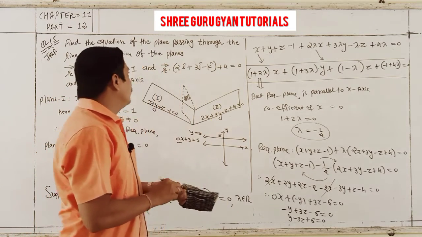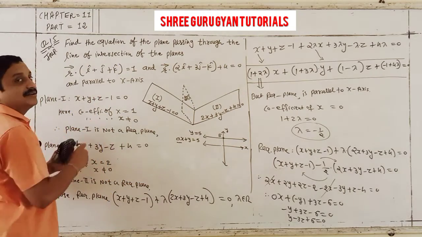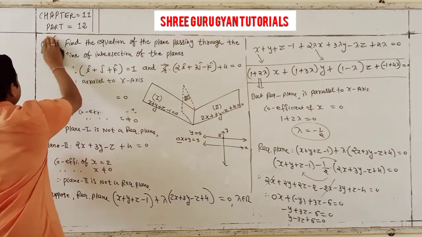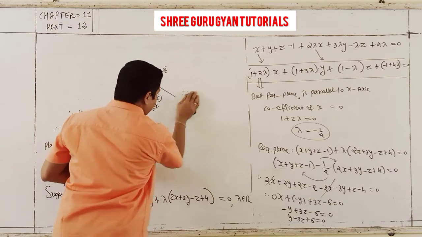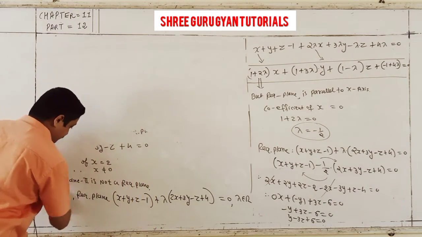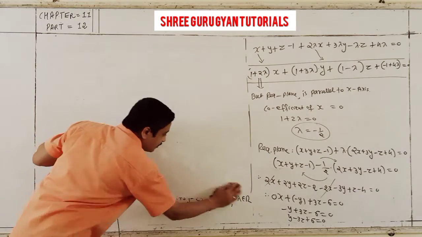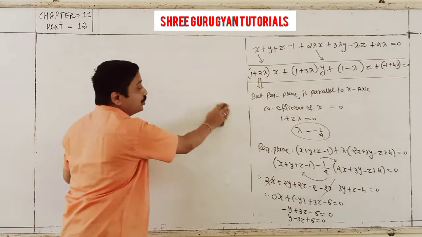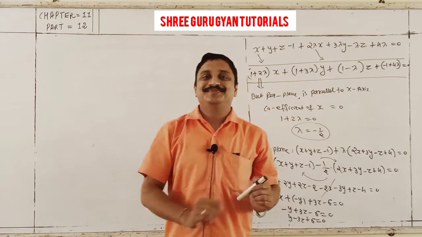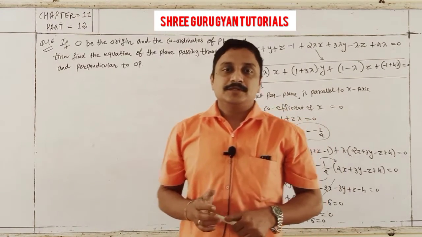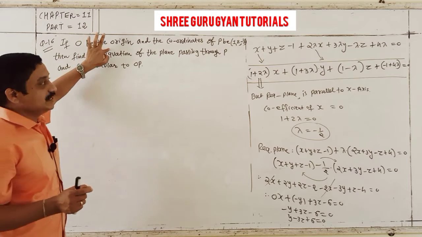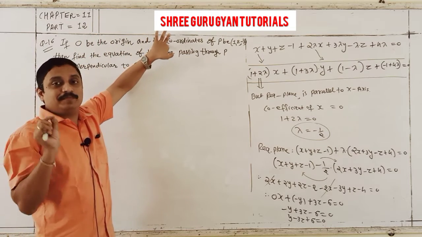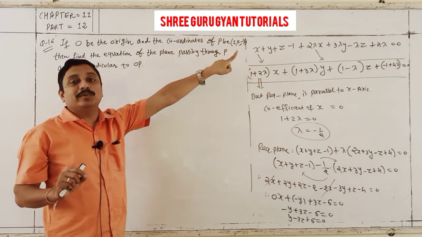Now students, I am going ahead to question number 16. That is also a different type of question. Find the equation of the plane which is perpendicular to OP and passing through P, with O the origin. So in question number 16, O is the origin and the coordinates of P are given as 1, 2, minus 3.